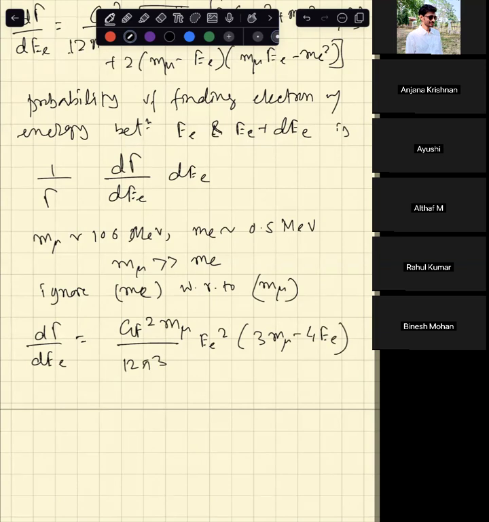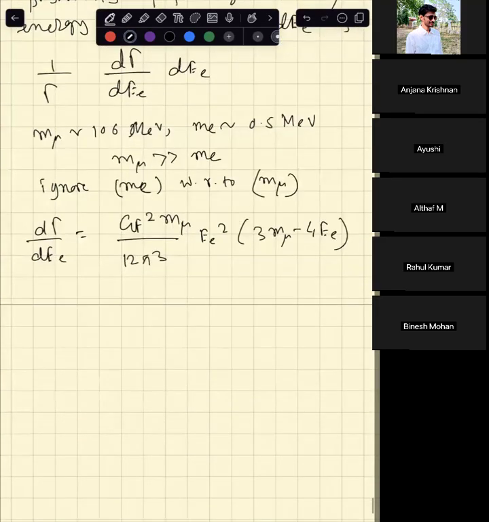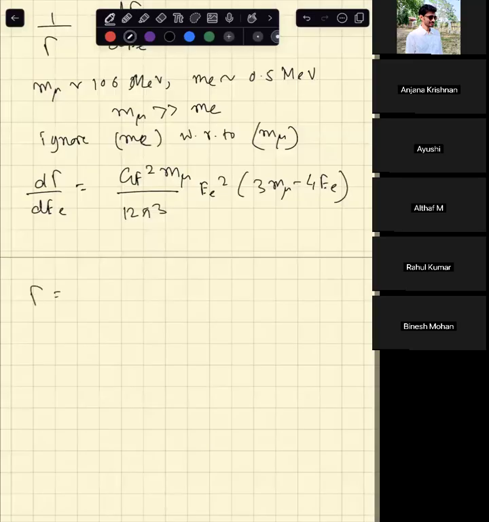So this is how we can write the differential decay width. If we want to calculate the total decay width, then we integrate between 0 to M_μ by 2, because the energy of the electron can be at maximum M_μ by 2.